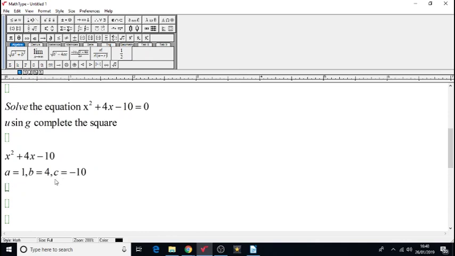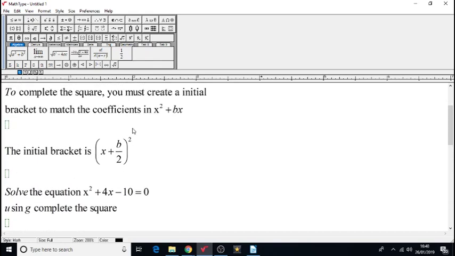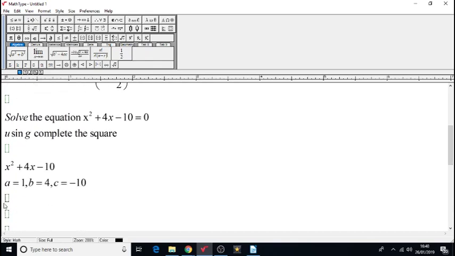So we've got our b value. First, we want to write out x squared plus bx. Because b is equal to 4, it will be x squared plus 4x. Now we want to make that equal to our initial bracket.